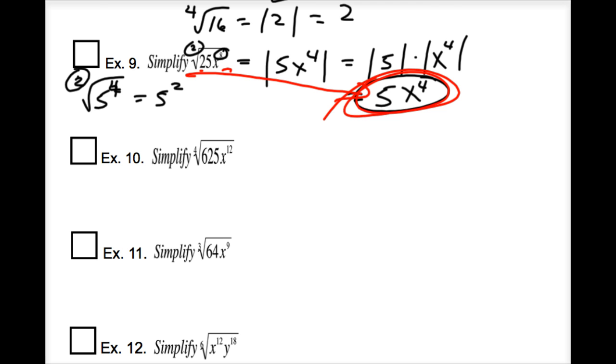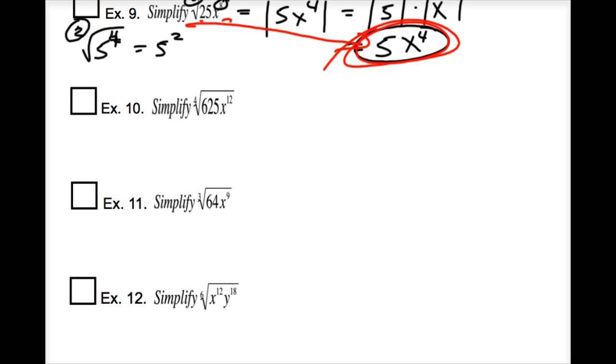Example 10, can x be negative? Yes, x can be negative because when you take something to the 12th, it ends up being positive. And you can 4th root a positive. So I'm going to turn this into the absolute value of, what's the 4th root of 625? You can either look at your sheet or say, well, 5 times 5 is 25.